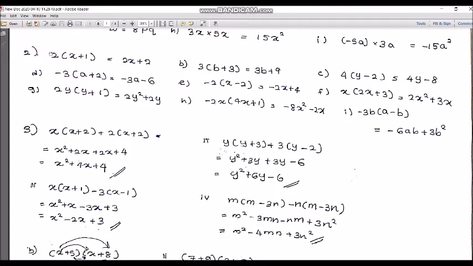Here the outside value is 2, and inside there are two values, x and plus 1. So we multiply 2 into x is 2x, and 2 into plus 1 is 2. This is the simplified version.